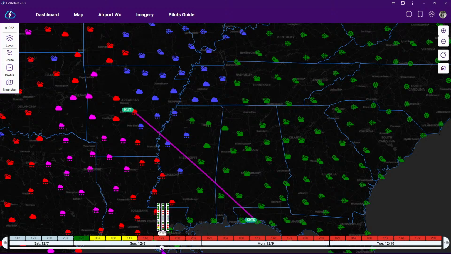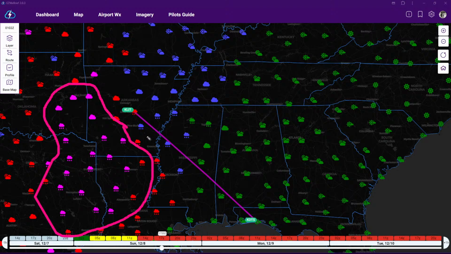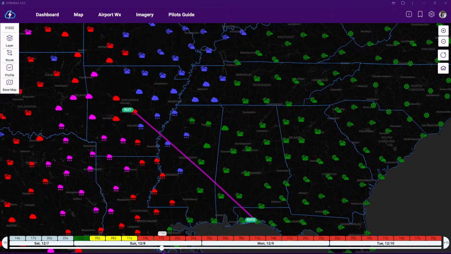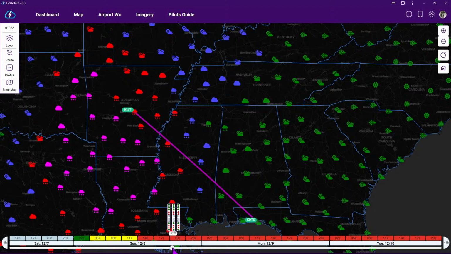And what you can see here is that there's a lot more of this low IFR, the magenta here, trying to move into this area. So we can see that the trend is for the weather to start getting worse with time.